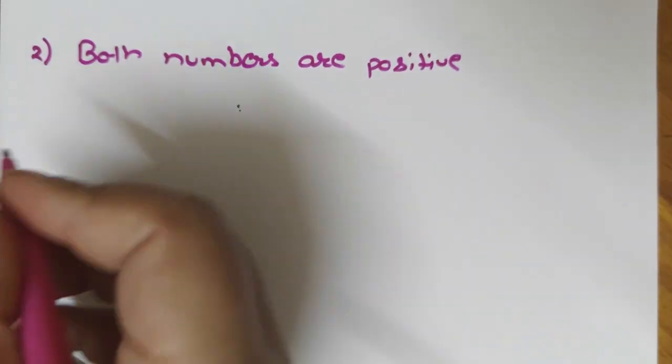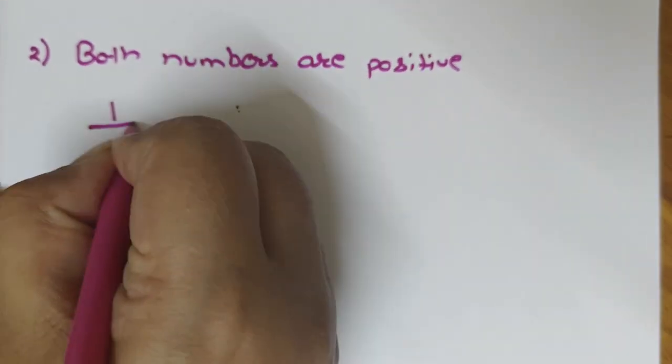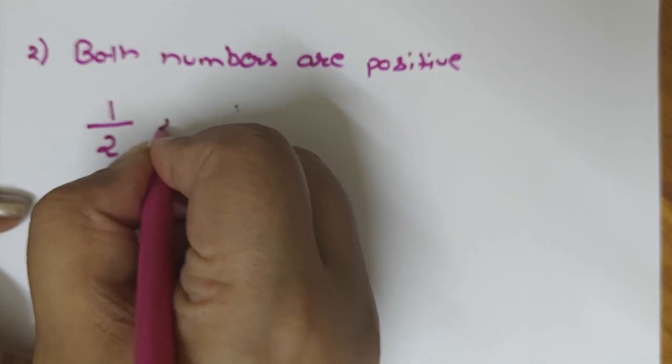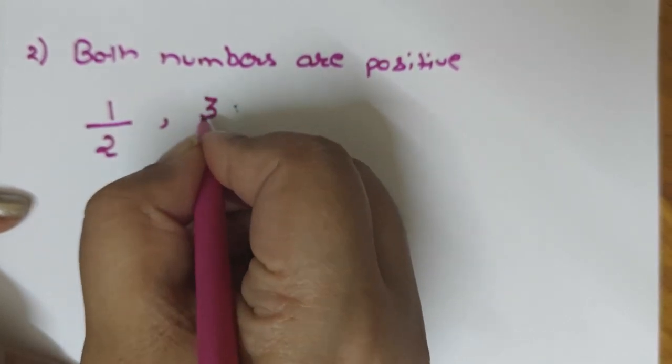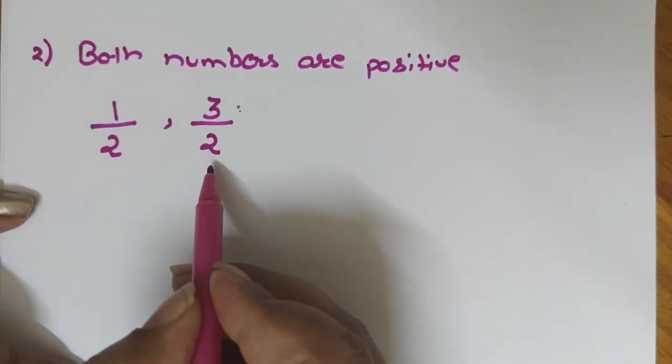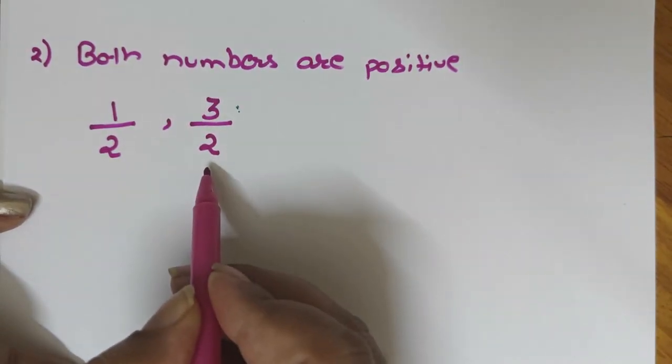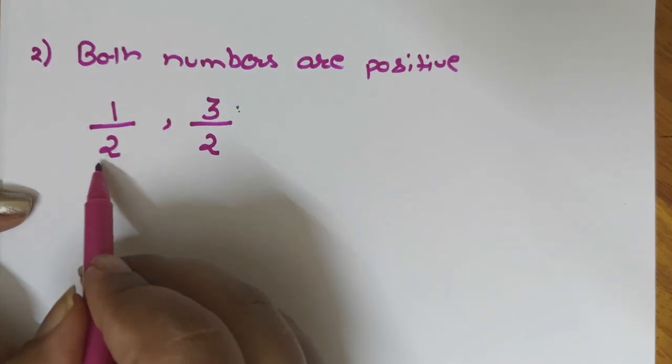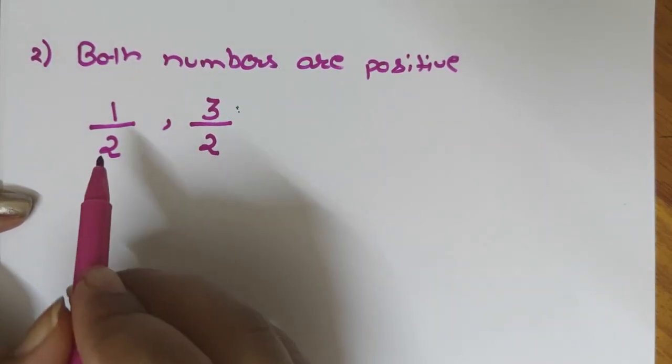How will we identify? So say I have the numbers 1 by 2 and 3 by 2. The denominator of both the numbers is the same. Okay, this is a key point. The denominator should be the same.